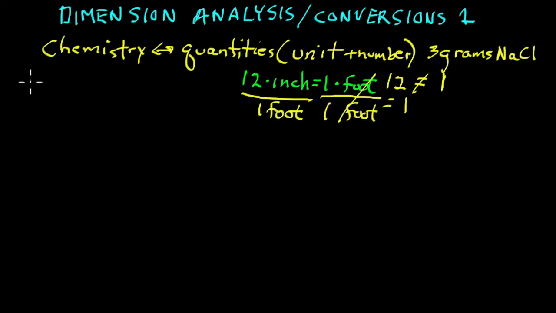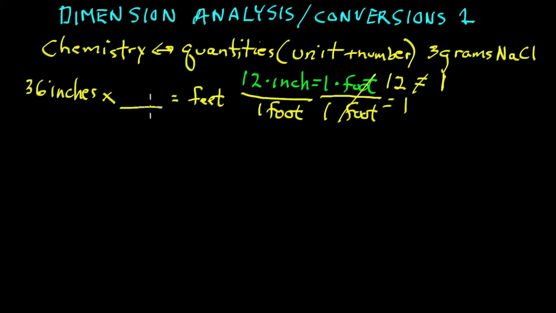How does it work? If you want to take 36 inches and convert it to feet, you multiply 36 inches by a conversion factor. They're all equal to 1. So dimensional analysis is really multiplying by 1.